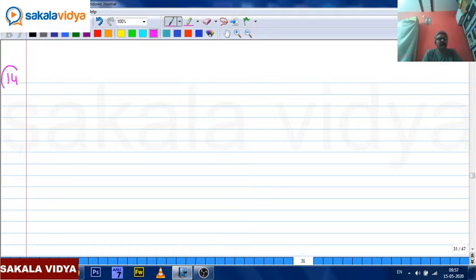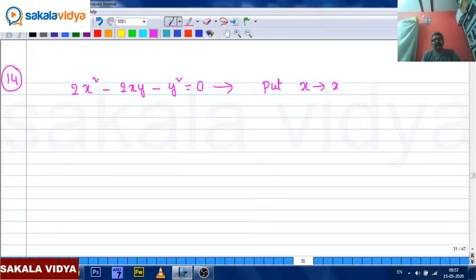Now what is the equation that we actually have? 2x square minus 2xy minus y square is equal to 0. So in this put x for x plus 1, y for y plus 1.